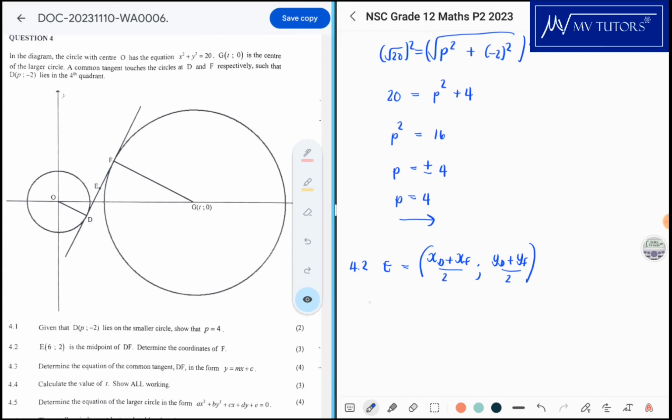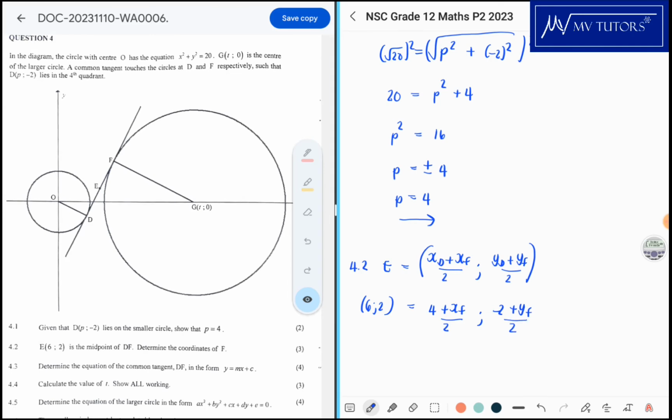So E, we have it as (6, 2). The x coordinate of D we found, that's 4. For F, that's what we're looking for. The y coordinate of D is negative 2 plus yF.